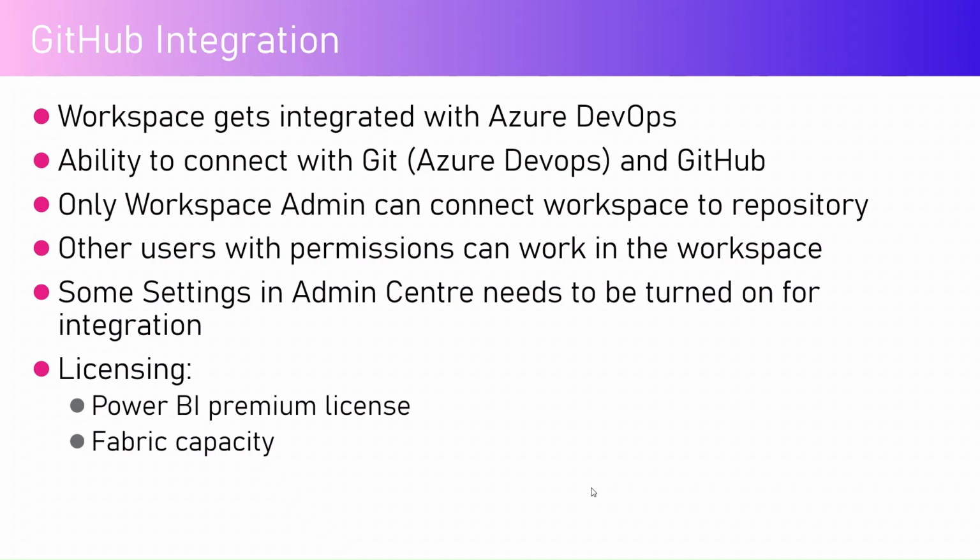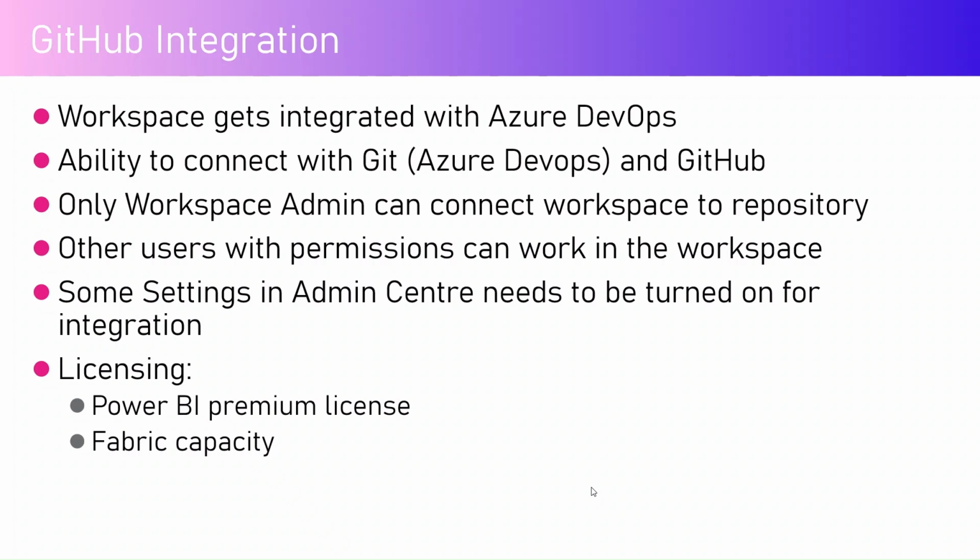The ability to connect with Git and GitHub is a new functionality which allows users to store the source code information in a more readable form, and I'm going to explain that once I start connecting the workspace with an Azure DevOps Git project.